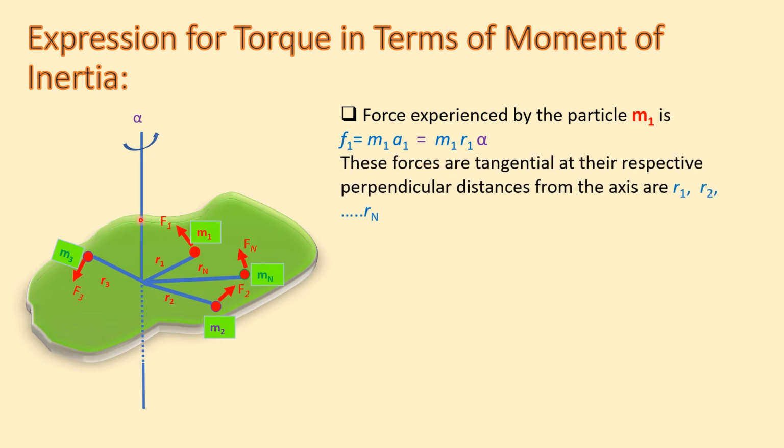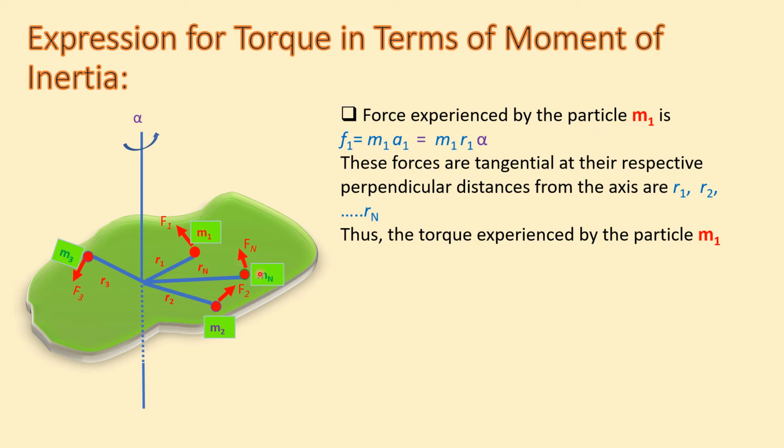These forces, F1, F2, F3 and so on up to Fn, are tangential at their respective perpendicular distances r1, r2, r3 and so on up to rn from the axis about which this rigid body is rotating.